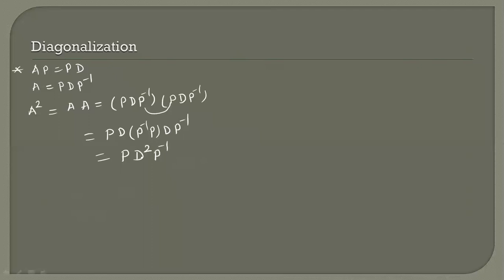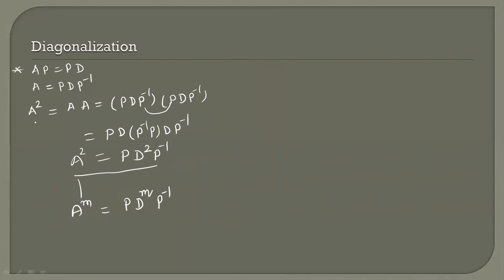No need to write the identity matrix if some matrix is already in the multiplication. So A square is given as PD square P inverse. Now what will be A to the power M? It will be PD to the power M P inverse.